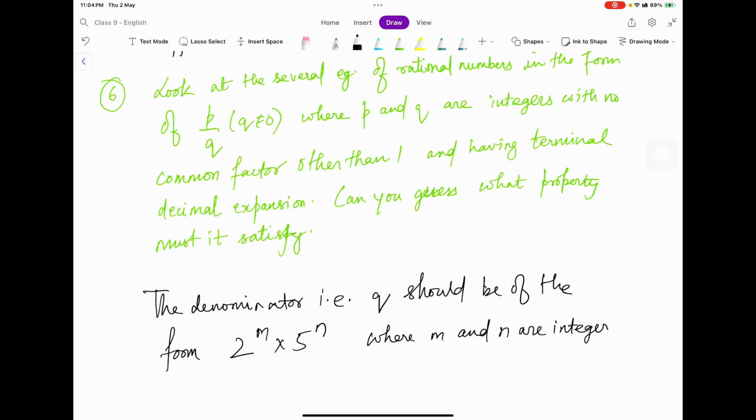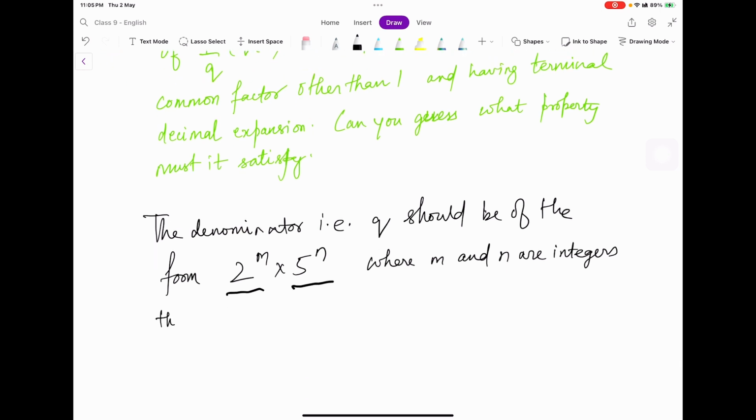If the denominator has only 2 and 5 as factors other than 1, then only will the decimal expansion be terminating. The answer is written there also, because I have already shown the examples of 1 by 4 and 1 by 2. If you have maintained notes, you can see where I have shown this.